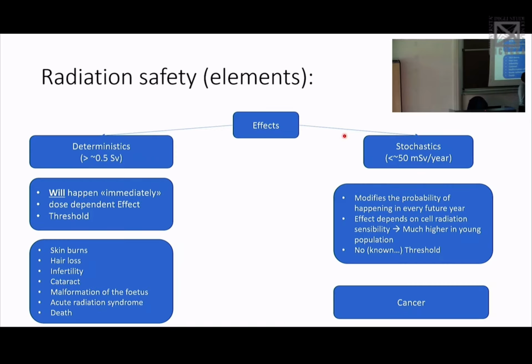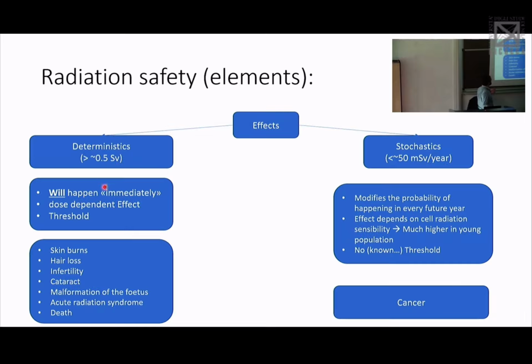The effect depends on the radiation sensitivity of each cell population. Therefore, due to how cells work, the younger population is much more sensitive. There is no known safe threshold, and the possible outcome for that is cancer, which of course is pretty different.